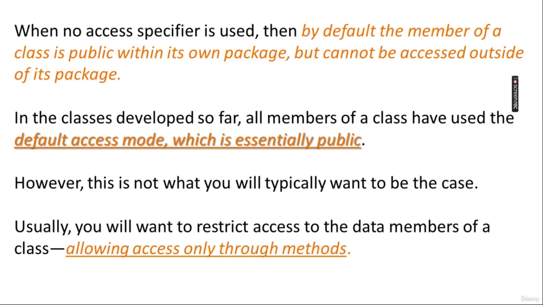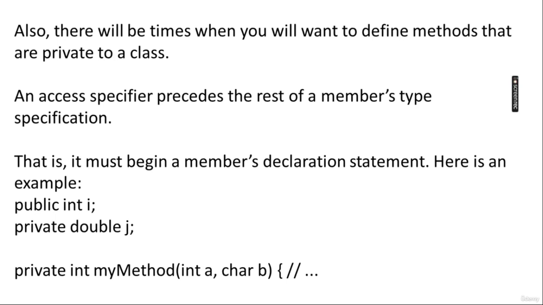You will want to restrict access to data members of a class, allowing access only through methods. Which data members? Those that are confidential, as per your convenience. There will also be times when you will want to define methods that are private to a class, where you will want private members to be declared.